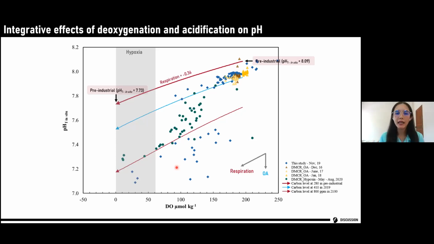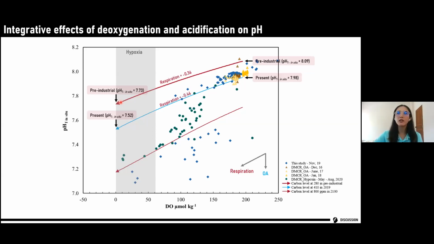Firstly, in the pre-industrial period, when the carbon dioxide level was 280 ppm, the saturation concentration indicated the pH value started from 8.09 and will decrease by 0.36 along the respiration until zero saturation of DO.